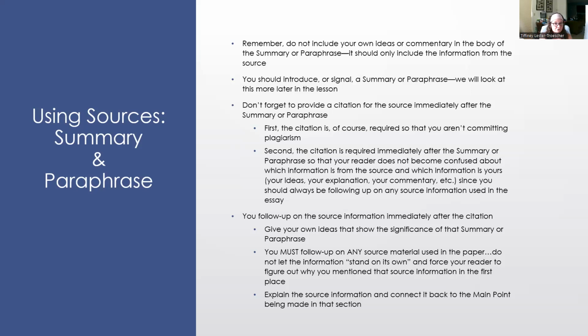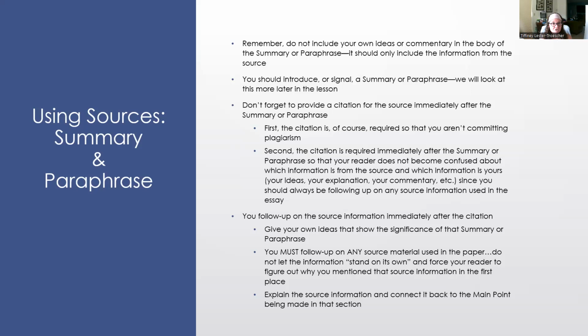You've got to have the citation so that you're not committing plagiarism, because even though you're putting everything in your own words, those ideas came from the original author. When we provide a citation, we are not just saying these words came from this source. We're saying these ideas came from this source as well.